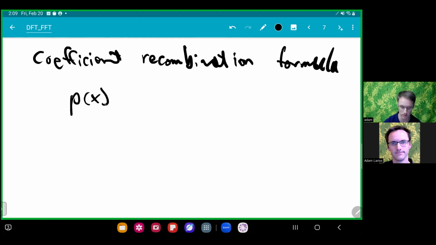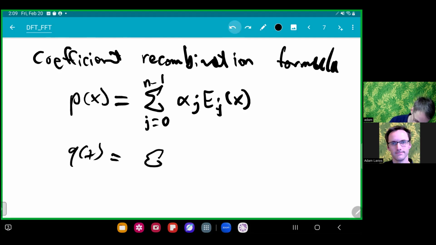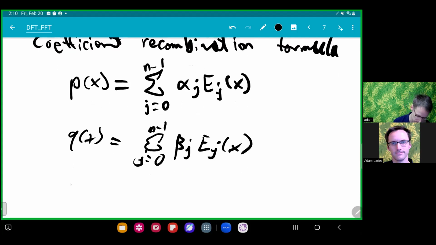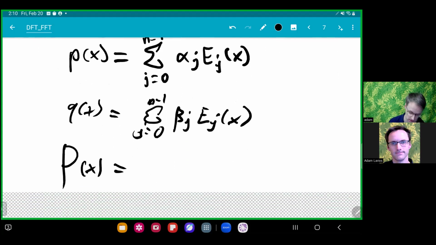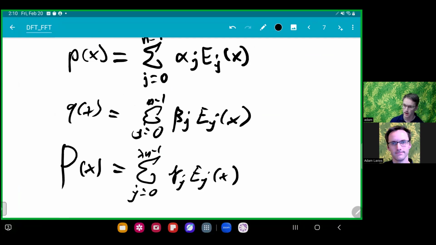So the little polynomial p on even points, if we write this as the sum j goes from 0 to little n minus 1 of some coefficients alpha j times e_j of x, we write q of x as the same thing but with beta coefficients, beta j times e_j, and big P of x is the summation j goes from 0 up to 2n minus 1 of gamma j times e_j of x, like this.